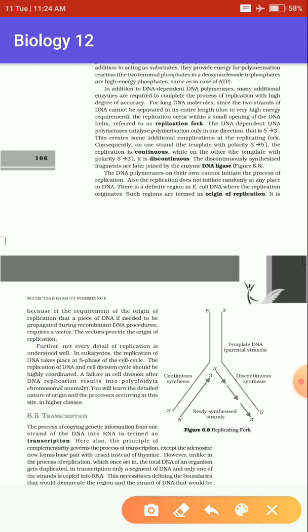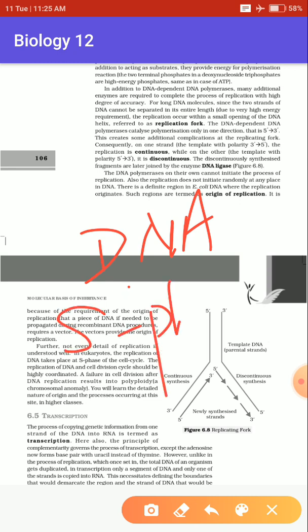If we discuss further, in the case of eukaryotes and prokaryotes, there are different ways which we cannot study in very much detail, but we must know one thing: in eukaryotes, organisms which have a nuclear membrane around their nucleus, the replication process of DNA takes place in the S phase of the cell cycle.